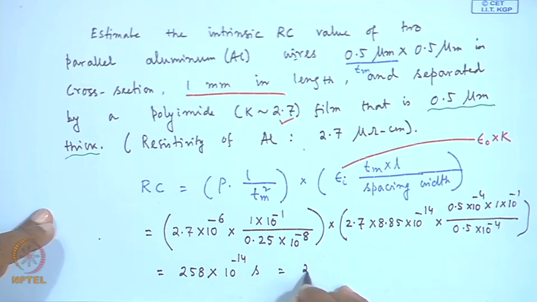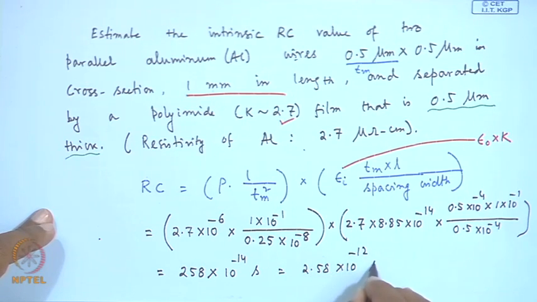That means 2.58 into 10 to the power minus 12 second, which equals 2.58 picosecond.